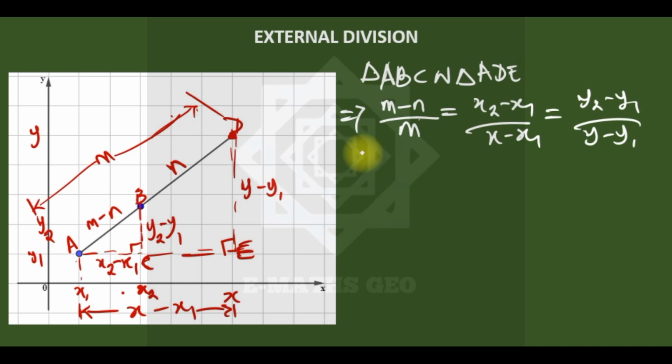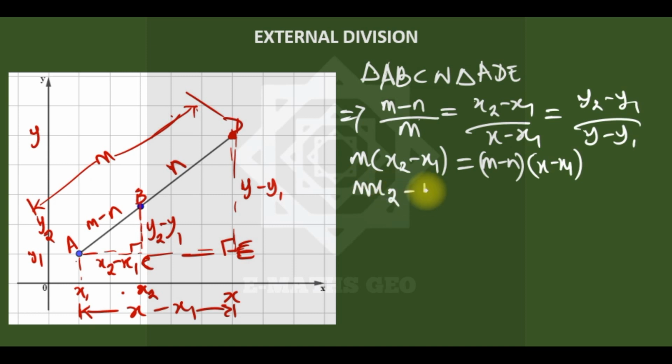So M times x2 minus x1 is equal to M minus N times x minus x1. If we open up, this is mx2 minus mx1 equals mx minus nx minus mx1 plus nx1.